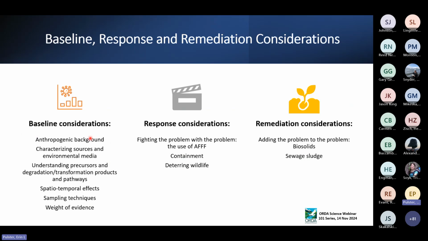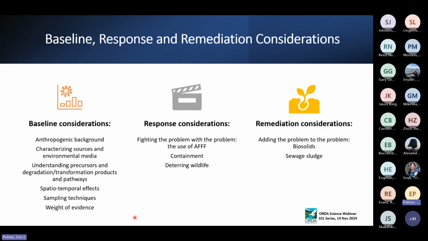So understanding that anthropogenic background matters, because even though there may not be a source close by, we have to consider atmospheric deposition that can add to this. Also characterizing the sources and environmental media is going to help, once you get all your data back, to determine what the source is, or to understand what the effects and the levels are.